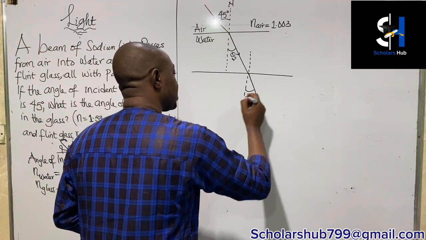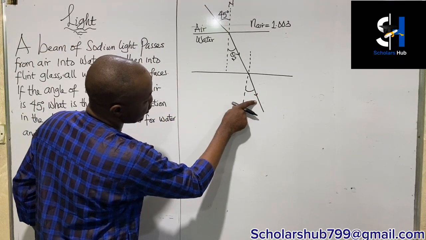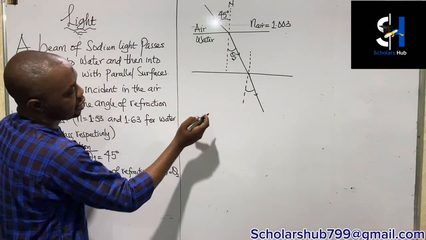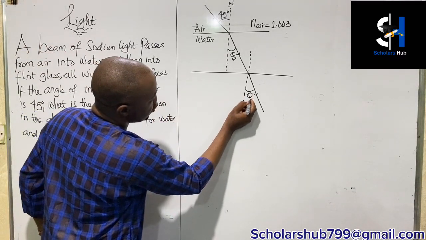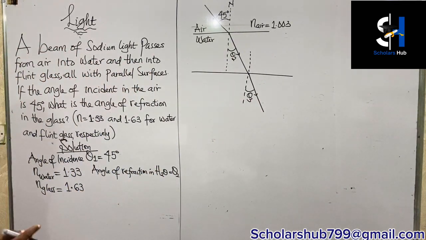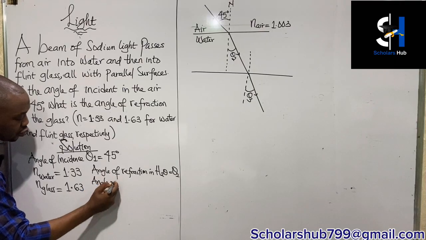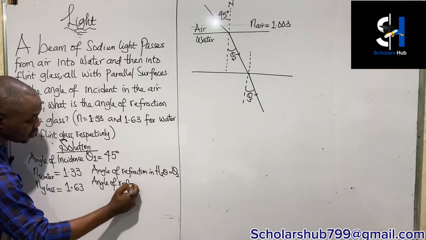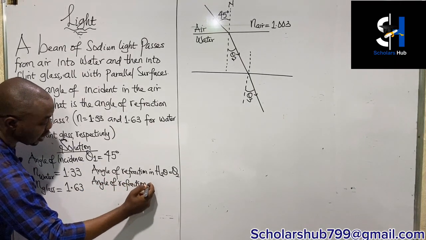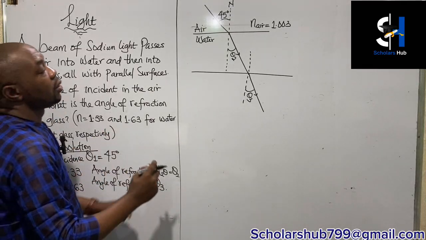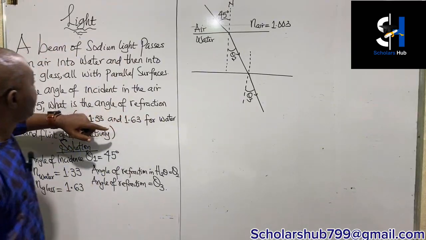So the refracted ray is this light ray. When the light bends towards the normal, it then makes a third angle, which we have as angle theta 3. So now we have the angle of refraction, which is the one we are looking for. The angle of refraction now is theta 3.